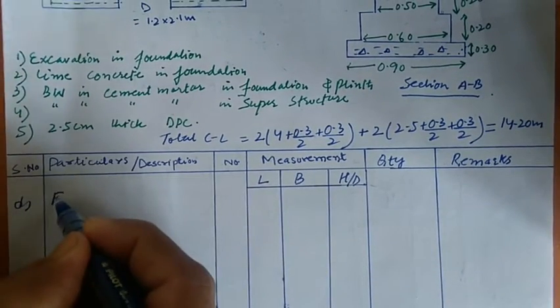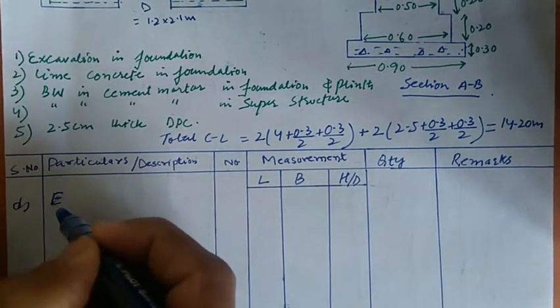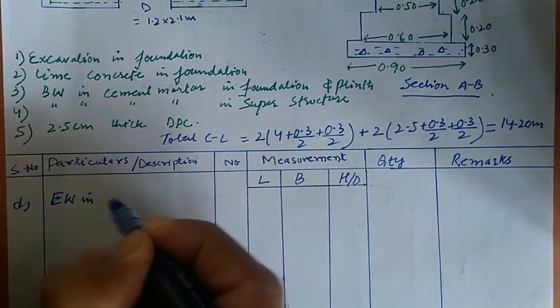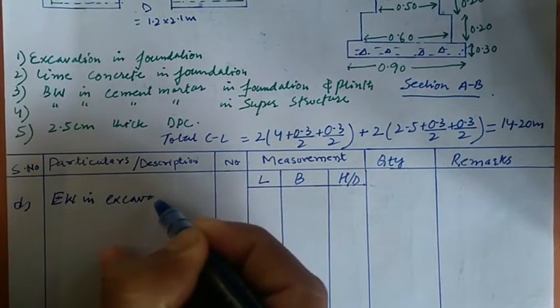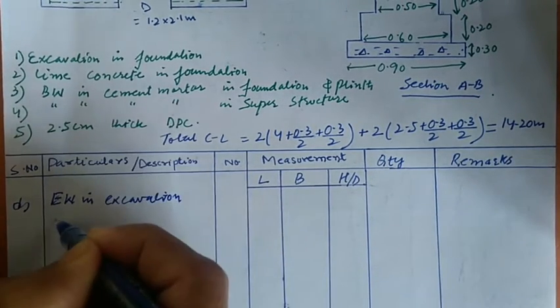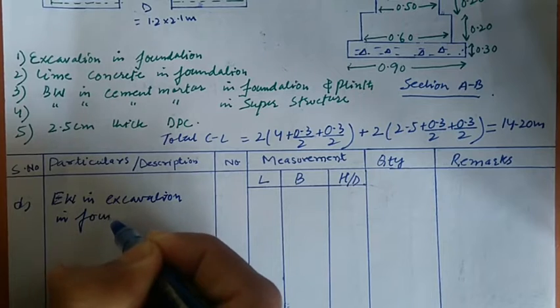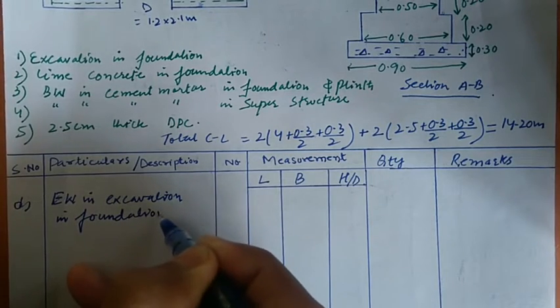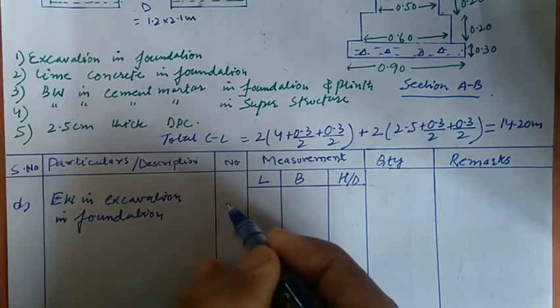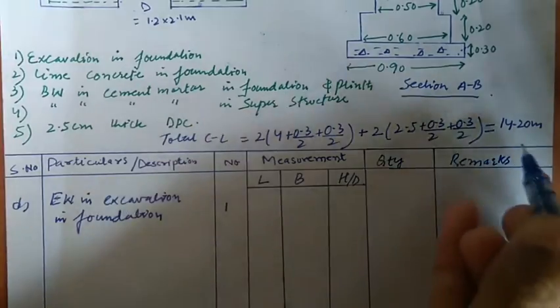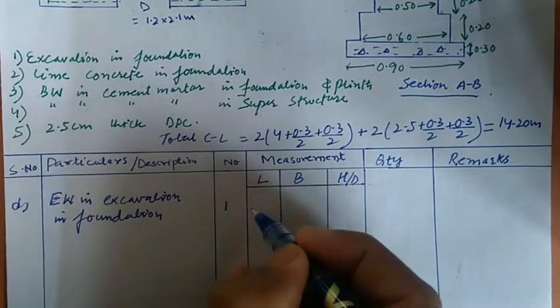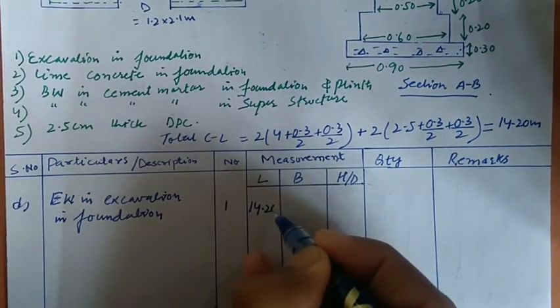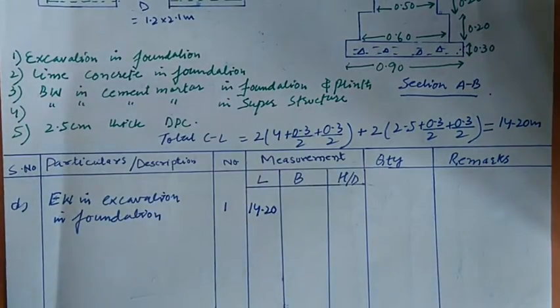Now the first thing is excavation. So let us try to find it, earthwork in excavation in foundation. Now the number will remain the same, that is 1. The length we have found is 14.20, and it will remain the same since there are no cross walls or junction points in this building.